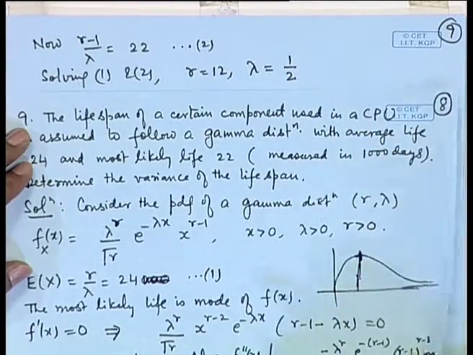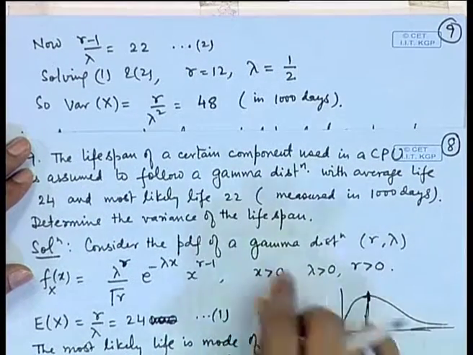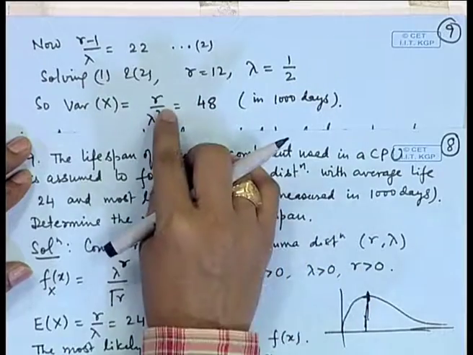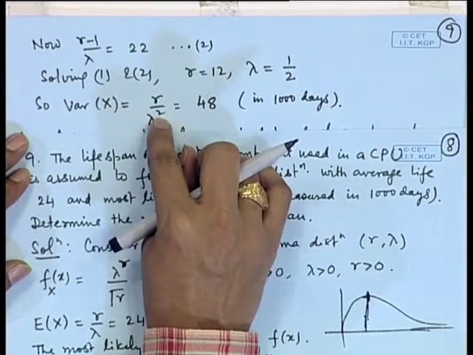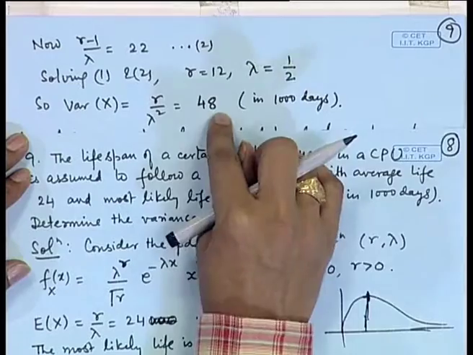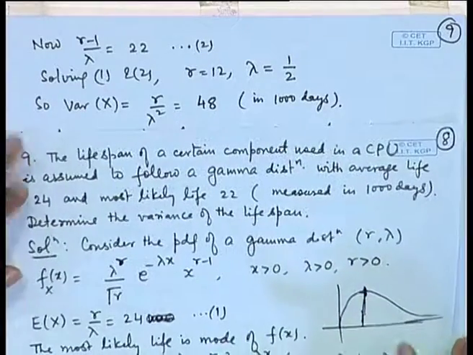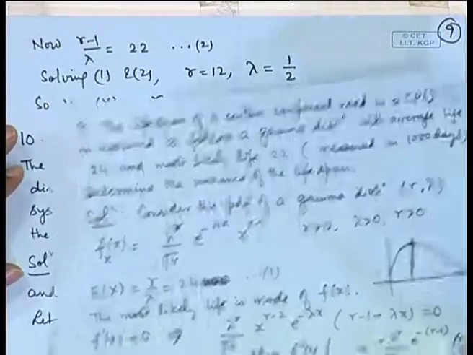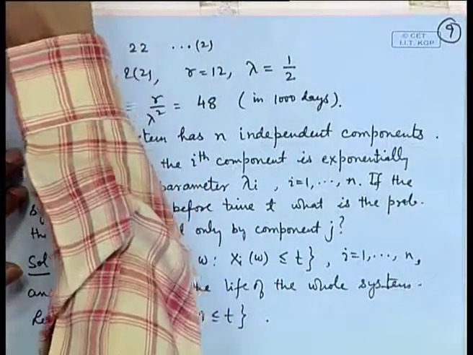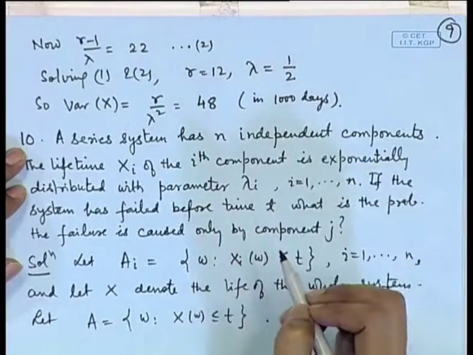So, now if we want the variance of this lifespan, variance of a gamma distribution is r by lambda square. So, after substitution it becomes 48 in 1000, so 48,000 days, that is in the squared units.